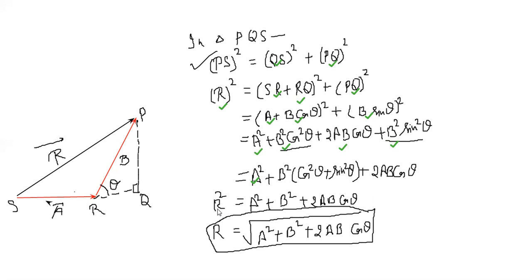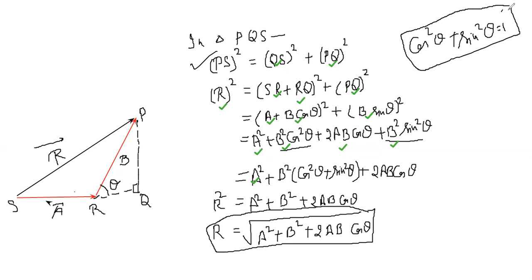So if we calculate R square, then R square equals A square plus B square times (cos square theta plus sin square theta), and cos square theta plus sin square theta equals 1. And if we take the square root, then we get the final value of R, that is under root A square plus B square plus 2AB cos theta.